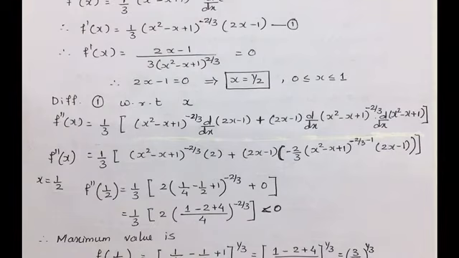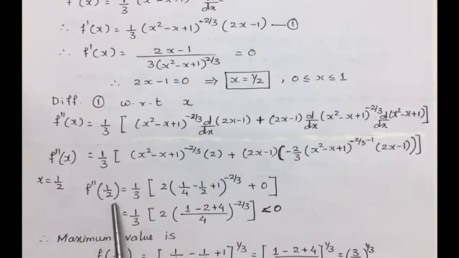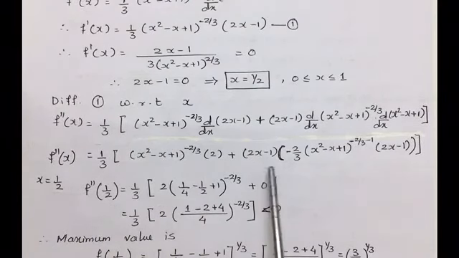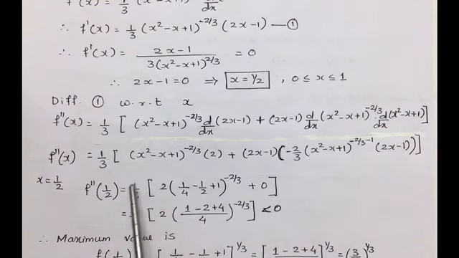Now, instead of simplifying this further, we can directly keep in the double derivative the value of x as half, because this whole term will become 0. Keeping the value of x as half and calculating it we will get it to be less than 0.